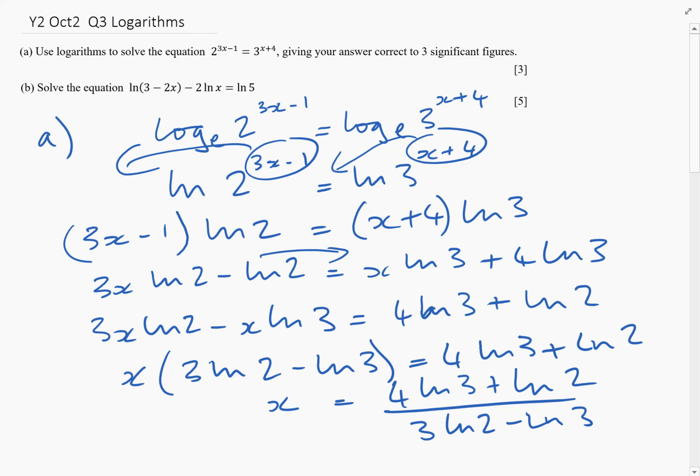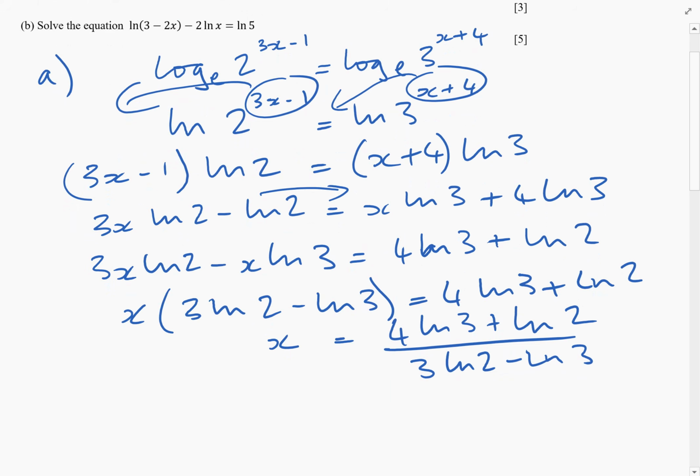So if you type all that into your calculator, you should get 5.18703 and so on. So that's 5.19 to 3 significant figures.